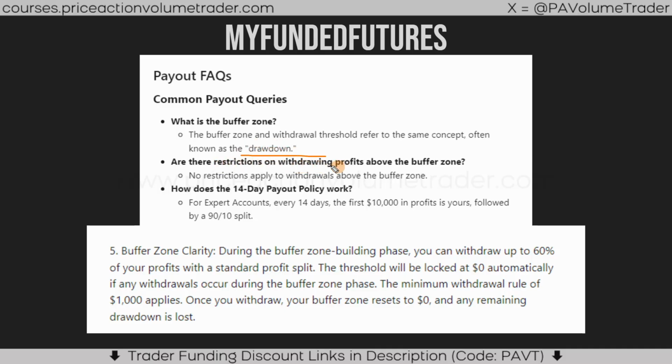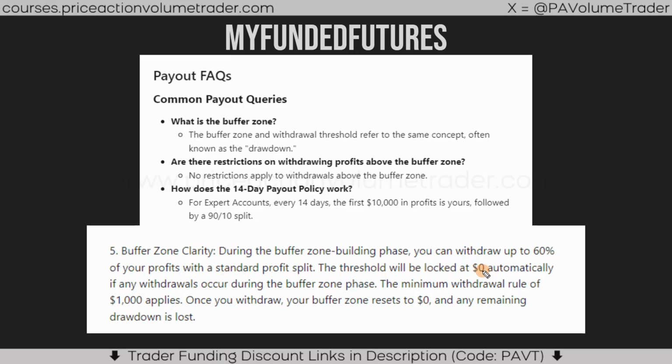Are there restrictions on withdrawing profits above the buffer zone? This is for their expert accounts. No restrictions apply above the buffer zone. So expert accounts, every 14 days, the first $10,000 is all yours, and then afterwards a 90-10 split. Buffer zone clarity: during the buffer zone building phase, you can withdraw up to 60% of profits with the standard split.